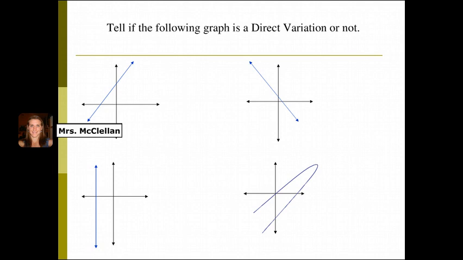So we've got 4 graphs shown on this slide, and we want you to say whether or not each graph is a direct variation. Direct variation in a graph simply means that it's a straight line through the origin. So you'll need to write that on your notes.